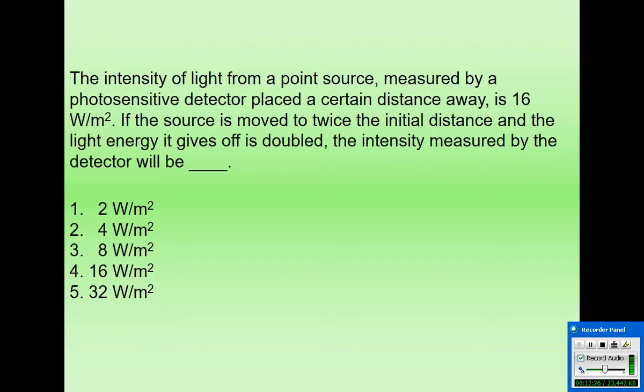If we do both of those things, what is going to be the intensity measured by the detector? 2 watts per square meter, 4 watts per square meter, 8 watts per square meter, 16 watts per square meter, or 32 watts per square meter? Think about it. Feel free to ask me questions at the start of class.